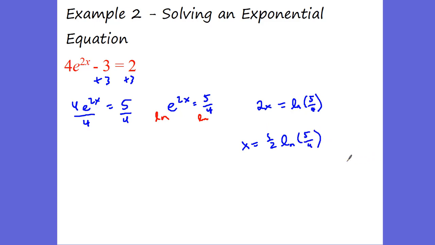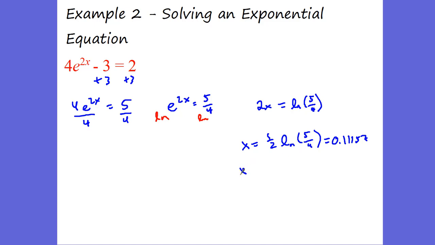Okay, so 0.5 times natural log of 5 fourths, and if you do that in your calculator, you end up getting 0.11157, and so on and so forth. Okay, now there is something very interesting here. Remember, this 1/2 is in front of the natural log.